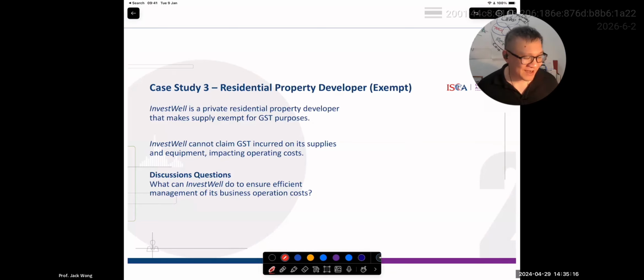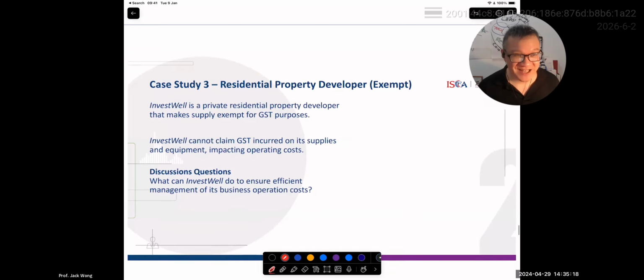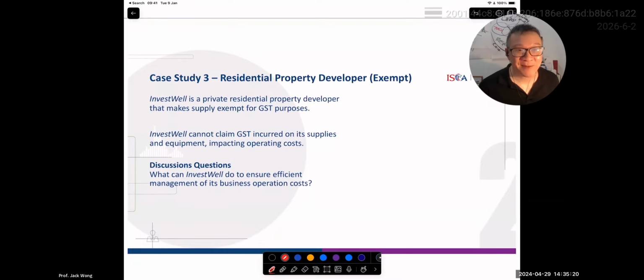So this case is Investwell is a private residential property developer making exempt supply for GST purposes. And obviously it cannot claim input tax. Okay, if it's concerned as a result, it will impact operating costs. So what can Investwell do to ensure efficient management of its business operating cost?